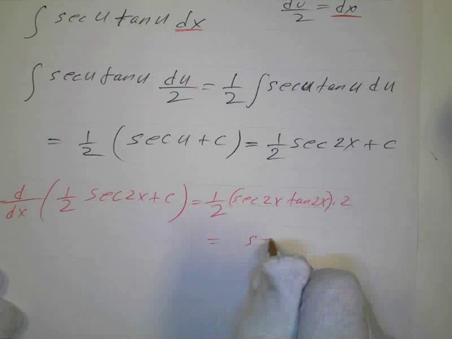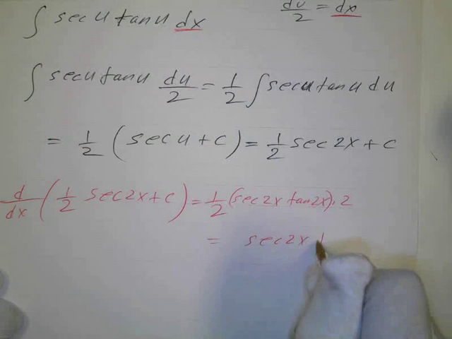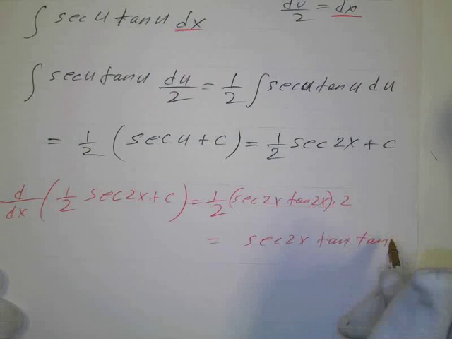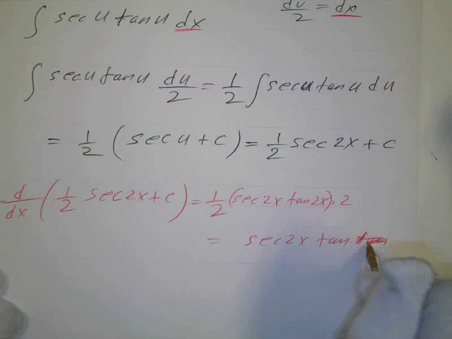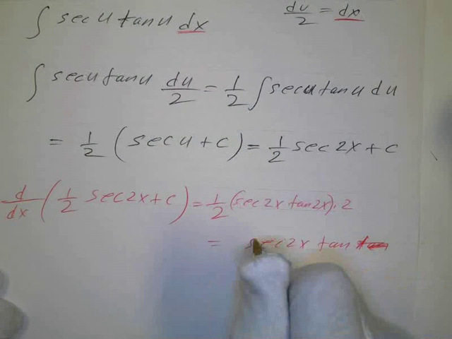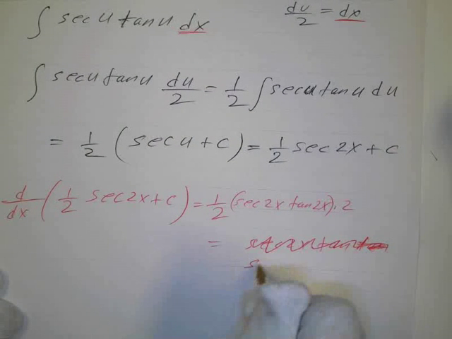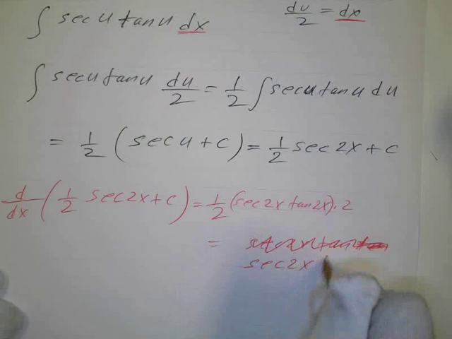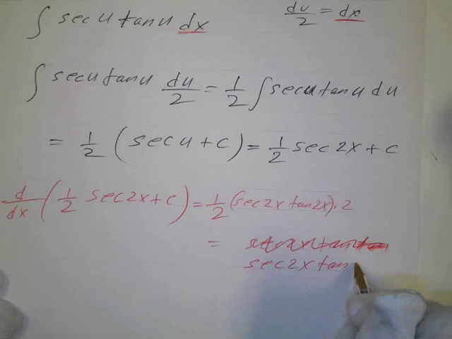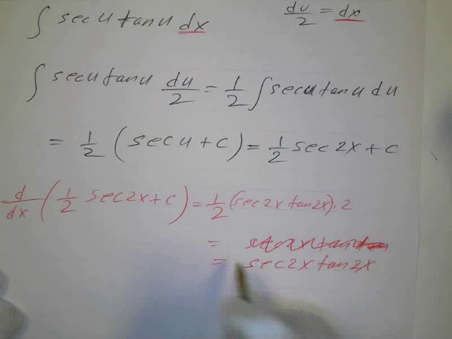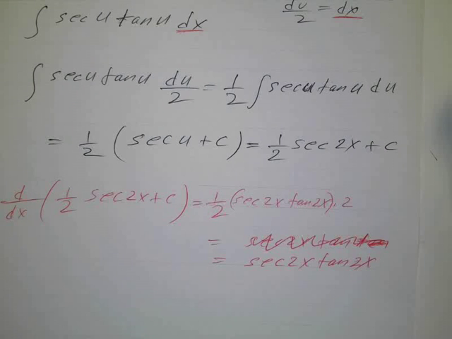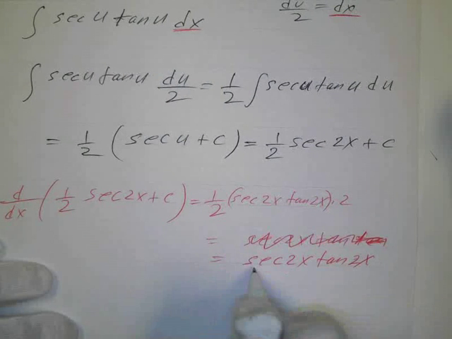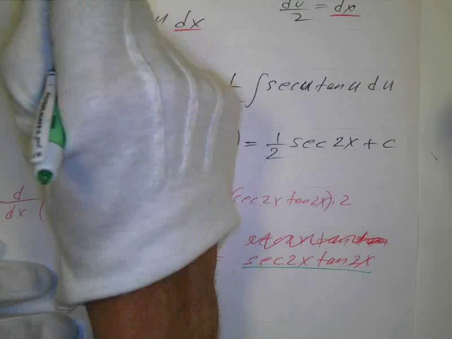And see how these 2's cancel, so that ends up equaling secant 2x tangent of 2x. And that's what we had up at the beginning. So we show that they're the same.